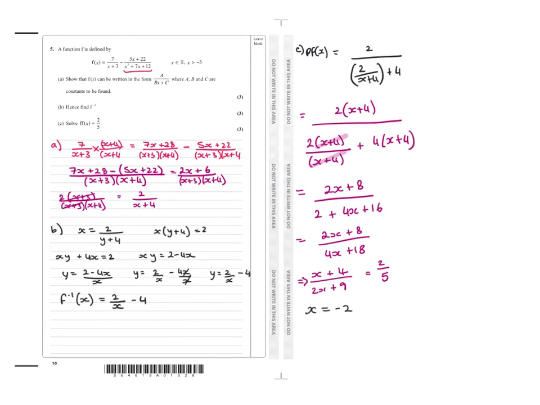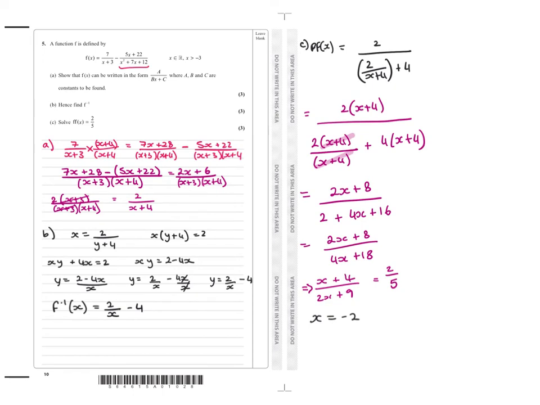If you did want to solve it because you do not feel comfortable yet making those connections, you're going to have x plus 4 equals 2 over 5 lots of 2x plus 9. I'd probably multiply both sides by 5 to get rid of the fractions. So 5 lots of x plus 4 equals 4x plus 18. 2 times, oh, this is 20, sorry.